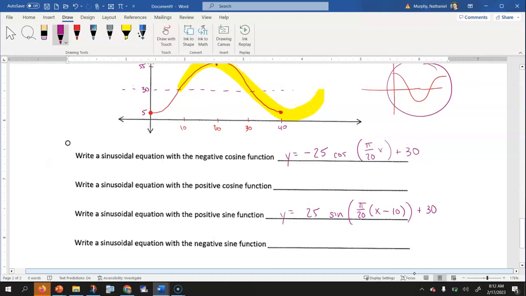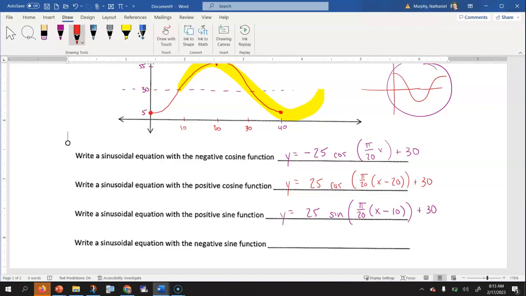All right, I'm going to write down what the answers would be for the other 2, but I want you guys to figure out on your own how you would come up with those other answers. So this would be the positive cosine. And this would be a negative sine function.